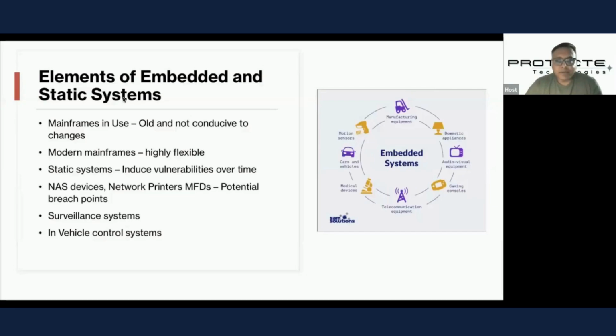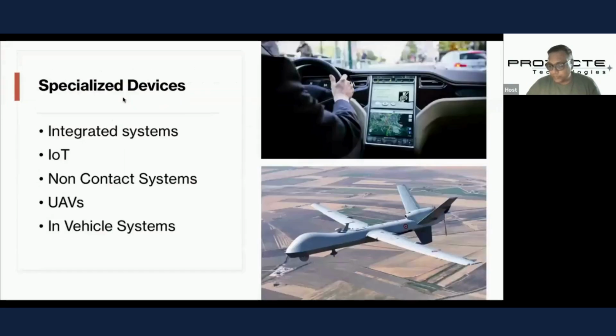We must have heard of Tesla cars being taken over by hackers, electric vehicles being taken over by hackers. Your home CCTV cameras have been hacked. Why? Because their embedded systems have very low security measures, and vulnerabilities are pretty huge.